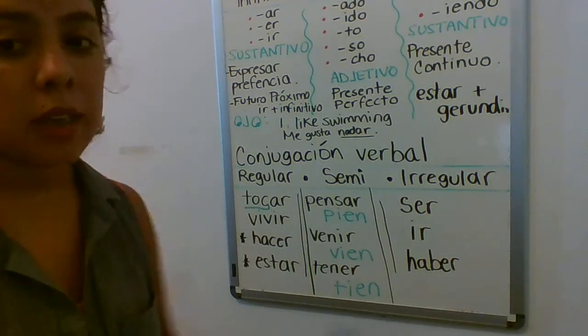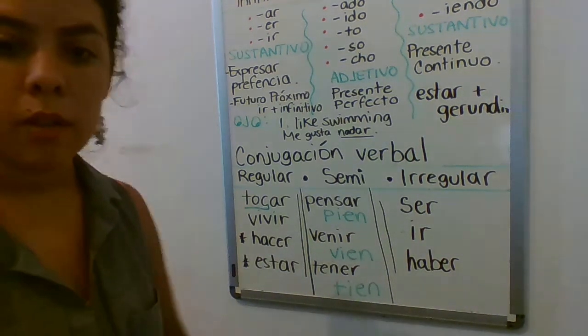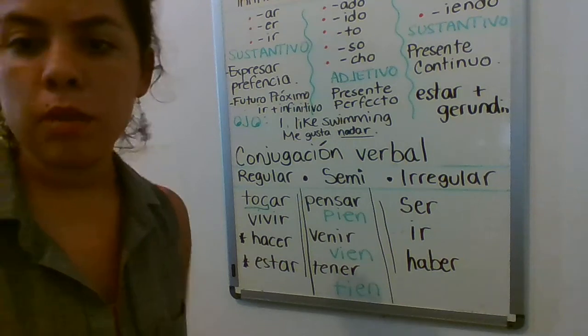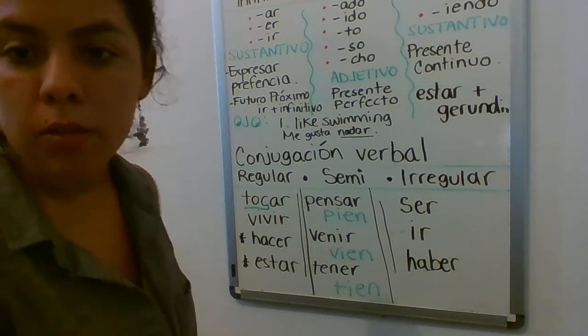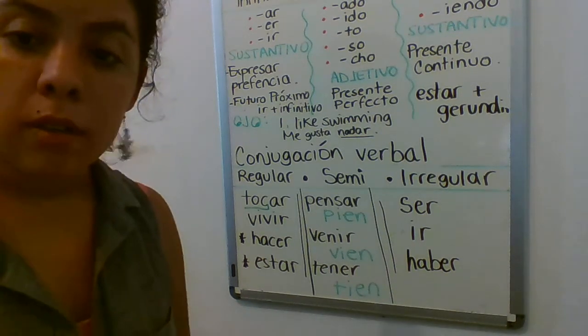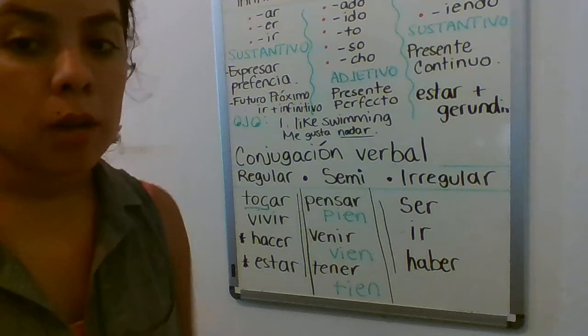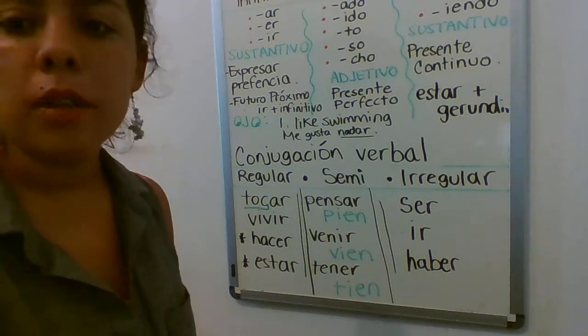Now you're going to ask me, Kathy, why do you always say the personal pronoun when you conjugate? In Spanish, when you speak, you don't say the personal pronoun because the ending already tells you who's doing the action, right? But when you're starting to learn verb conjugation, we always recommend to do this using the personal pronoun.